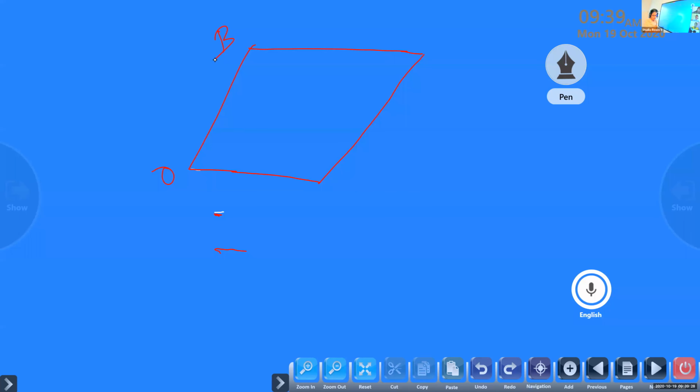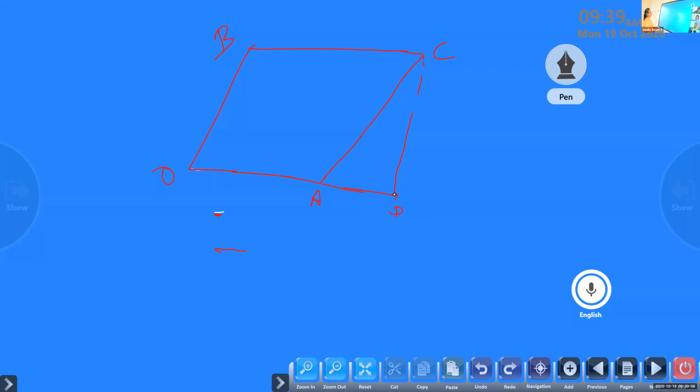O, B, C, D. And from C, please draw an imaginary perpendicular to here. Okay. Please draw with me, then it will be easy for you. Draw a perpendicular to D, and let us give this as A, this as D. That will be more easy for us.